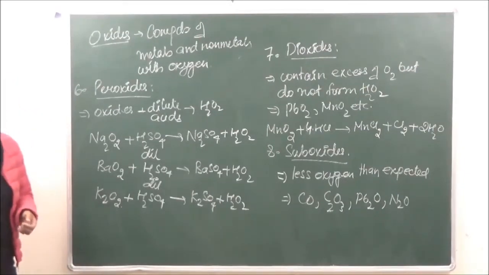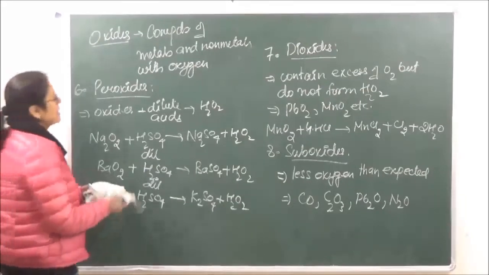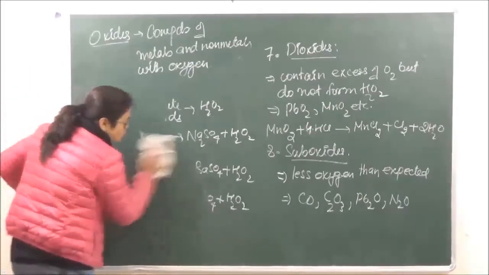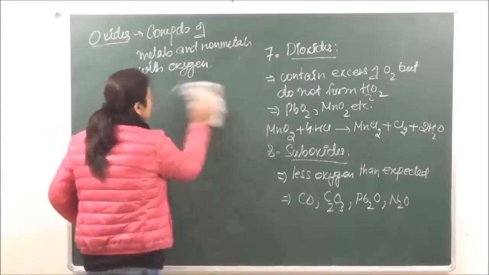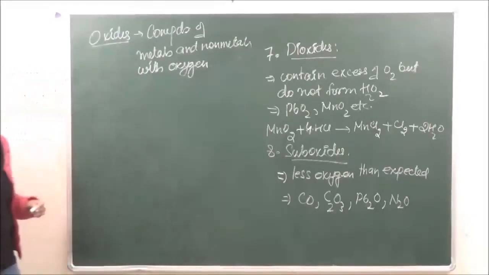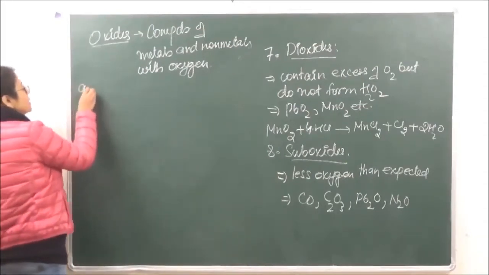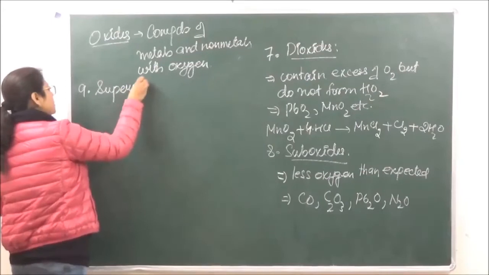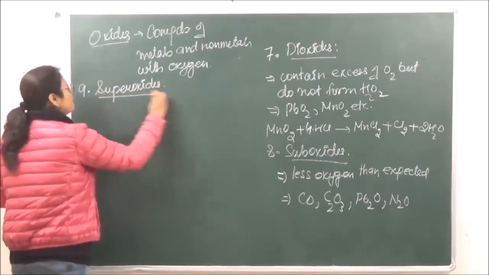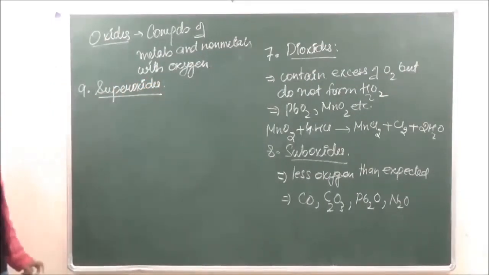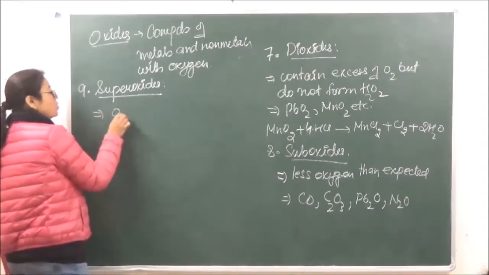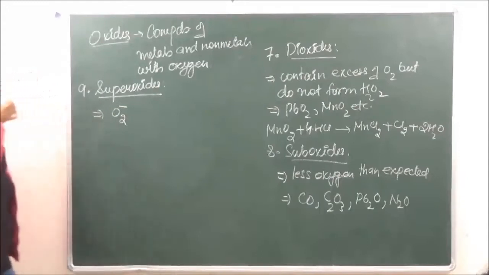The next we have is superoxides, the last, ninth type of oxides. Superoxides contain the ion O2 negative.